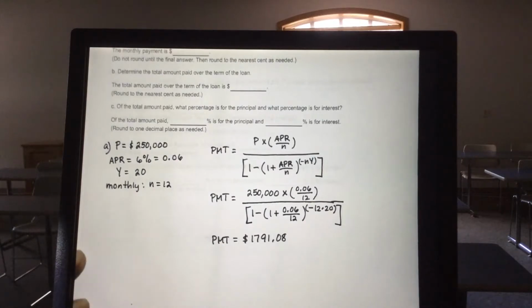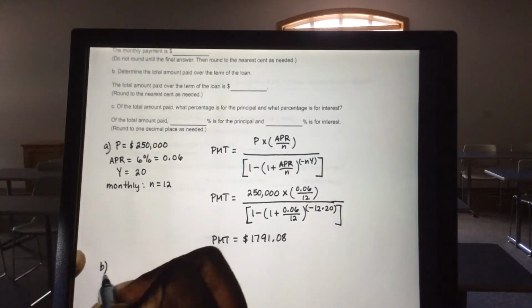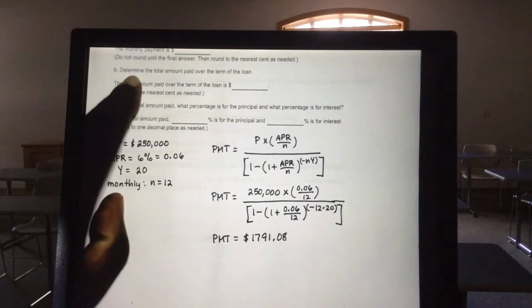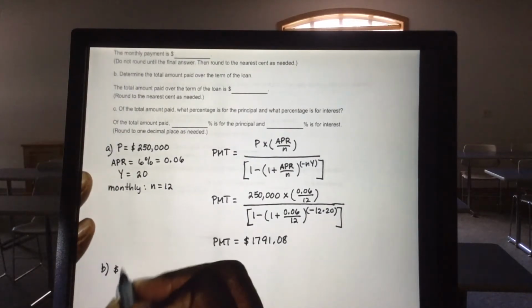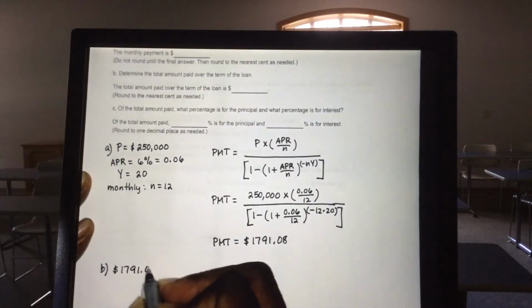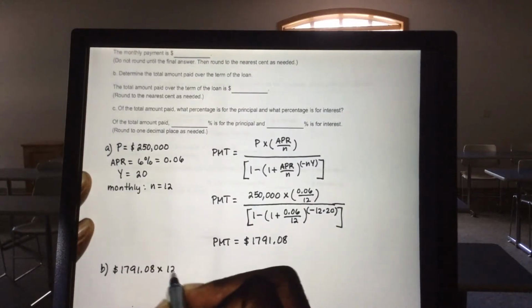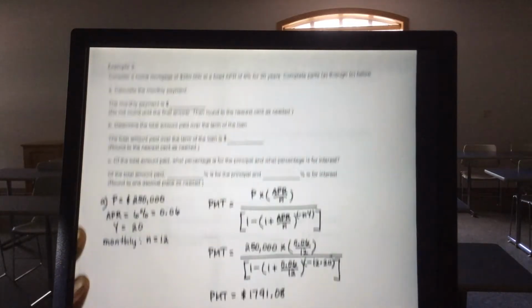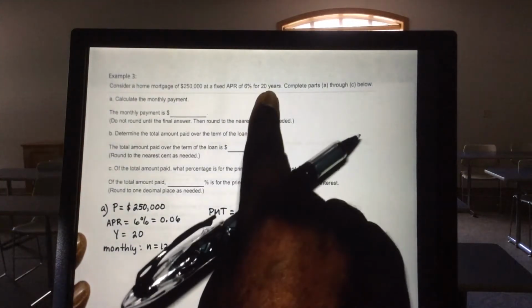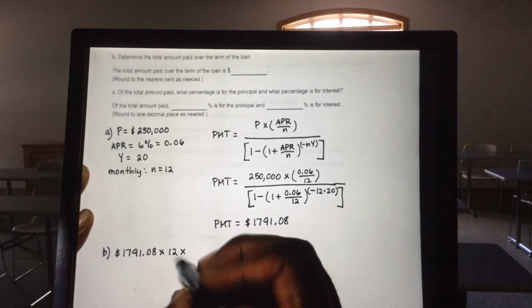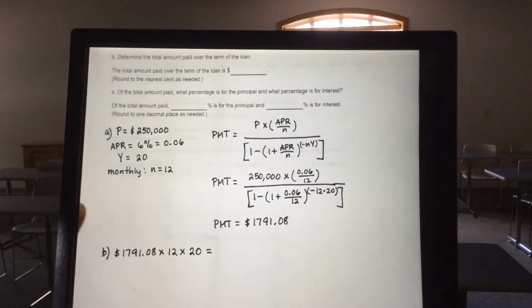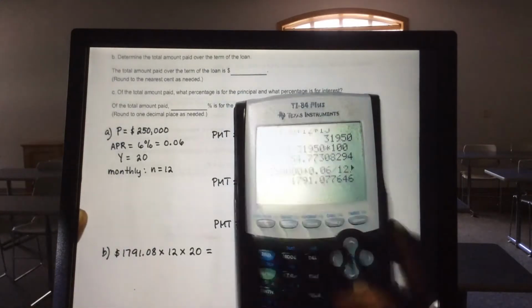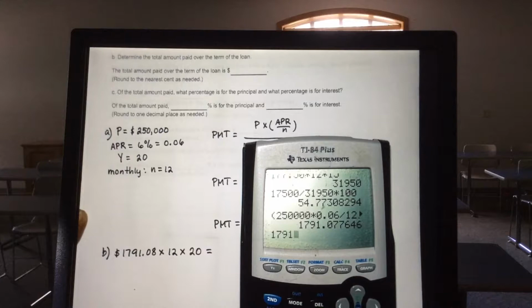Now part B. They want the total amount paid over the term of the loan. Well, we know we're paying $1,791.08 per month for 12 months. And the term, 20 years. So $1,791.08 times 12 times 20.